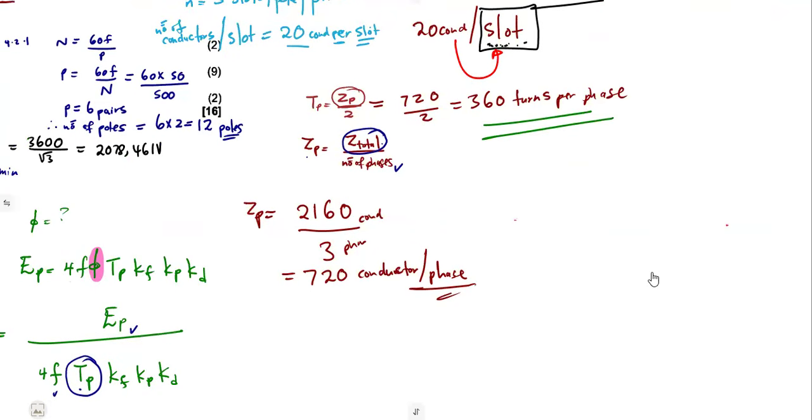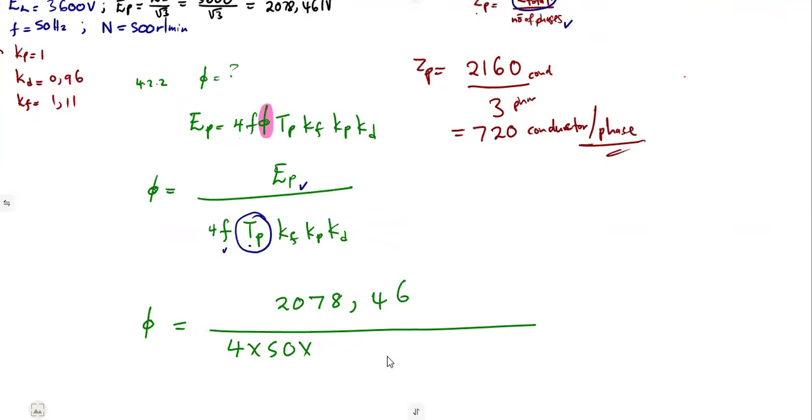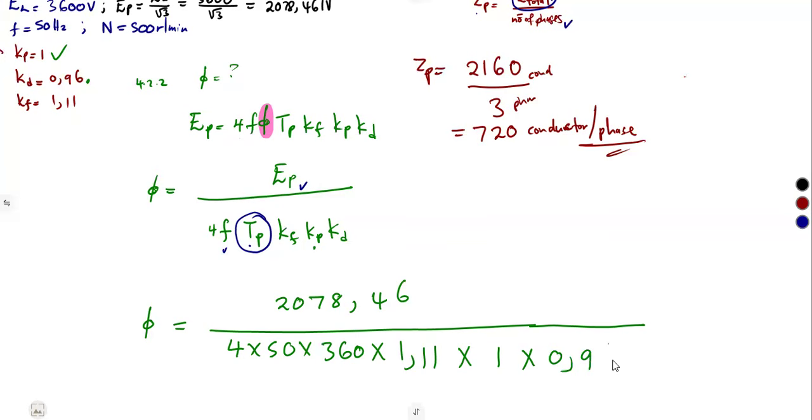So that's 360. We have this value that is 360 times our form factor. As I said, if you're not given, you use what? 1.11, as we had, guys, even from our industrial electronics, for those who are doing industrial electronics. All right. Our KP, pitch factor, remember, it's full pitched. So that will be 1 times your distribution factor you were given, 0.96.